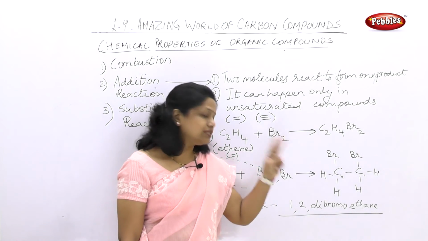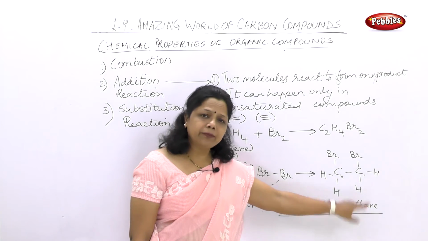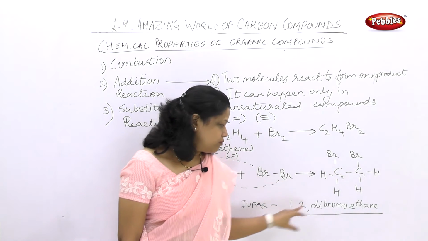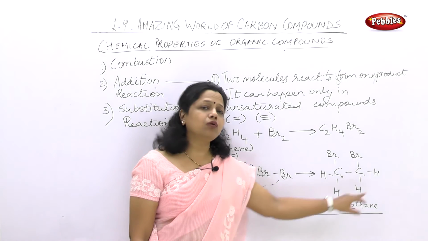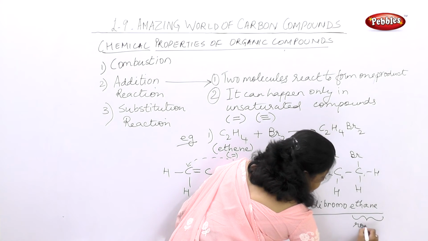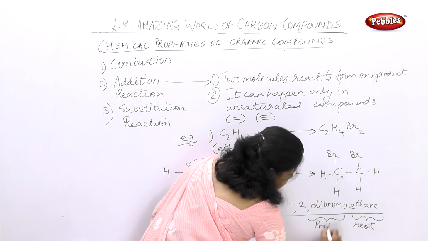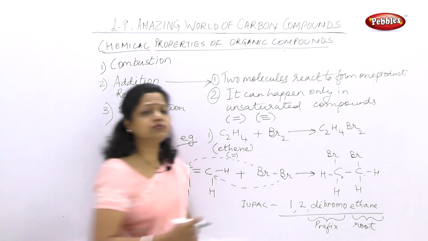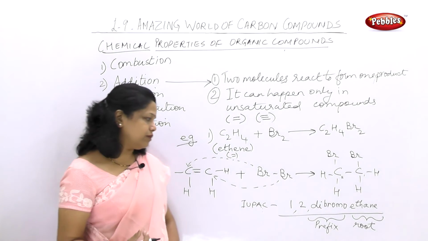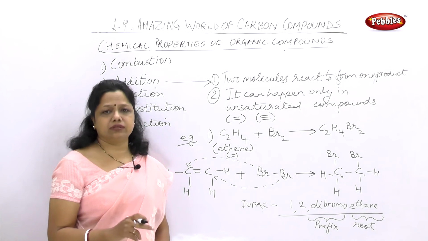So 2 is shown as di. So dibromo. What was the root name? Ethane. So 1,2-dibromoethane. This ethane part is the root name and this is the prefix. Prefix means whichever word is added before the root word is called a prefix.